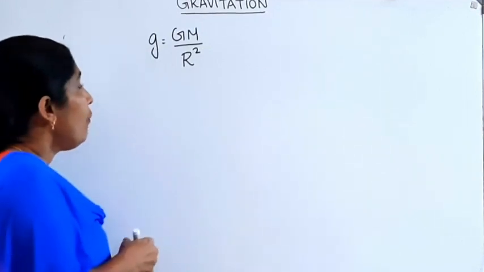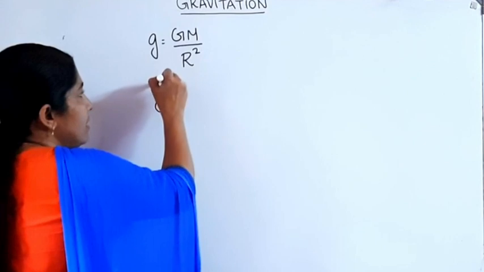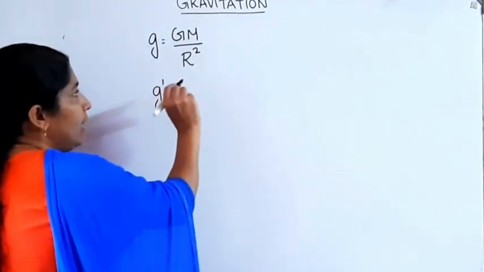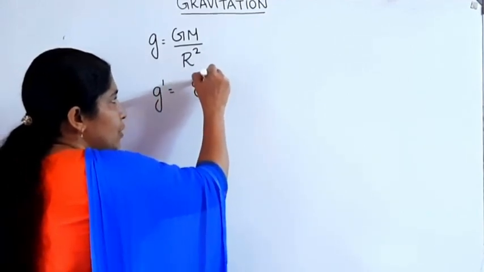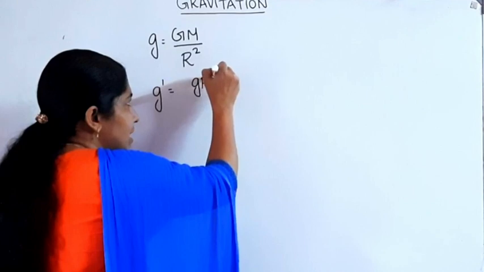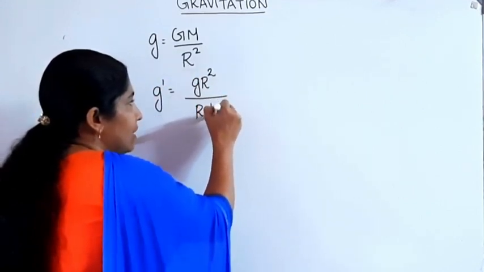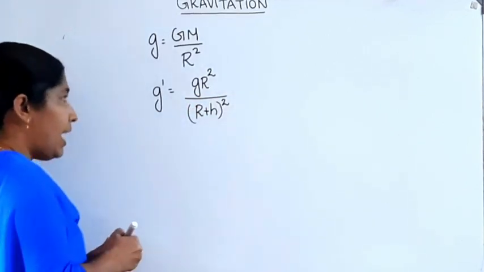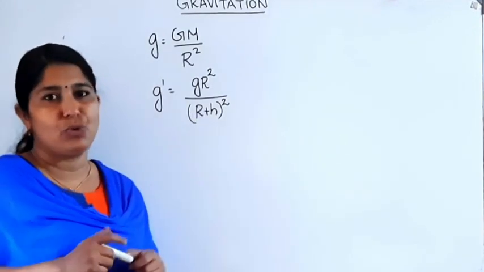Then what about the acceleration due to gravity at a height h above the surface of the earth? Two equations are there. The first equation is g dash equal to g r square divided by (r plus h) the whole square. This equation is used when the height of the body is comparable to the radius of the earth.